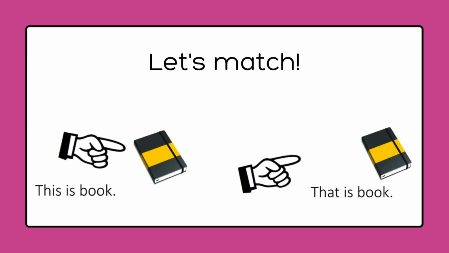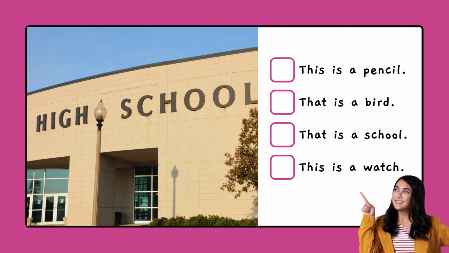All right, let's match. We've got 4 options. This is a pencil, that is a bird, that is a school, or this is a watch. So take a look at the picture and the lady, okay? Which sentence is the correct one? That is a school.